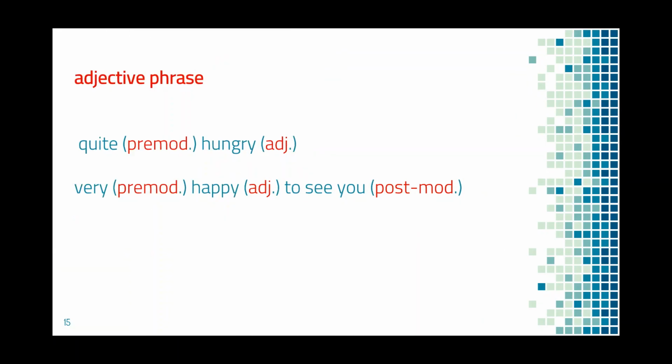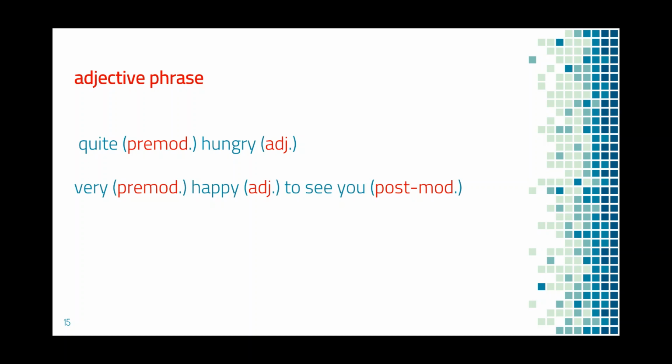The one before the last is the adjective phrase. In adjective phrases, the main word is an adjective. And also, other constituents often appear in the phrase, such as pre-modifiers, which come before the adjective, or post-modifiers, which come after the adjective.